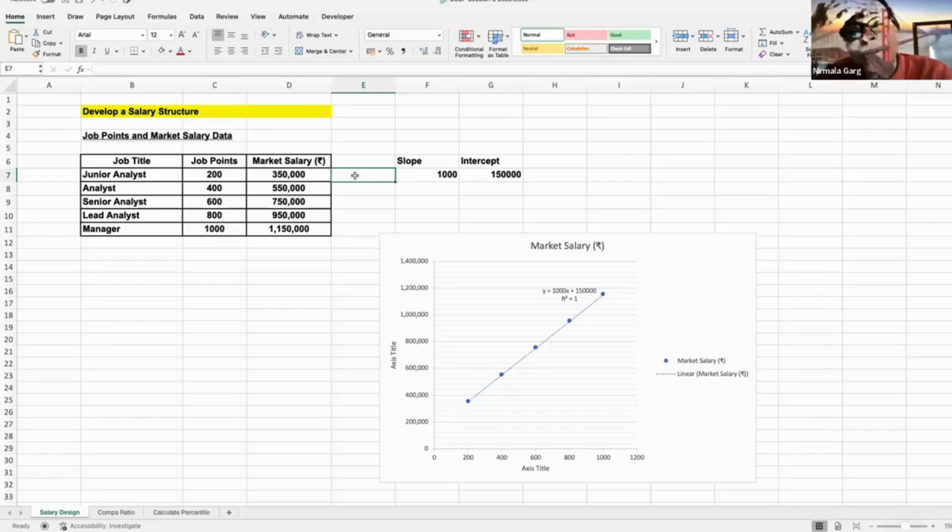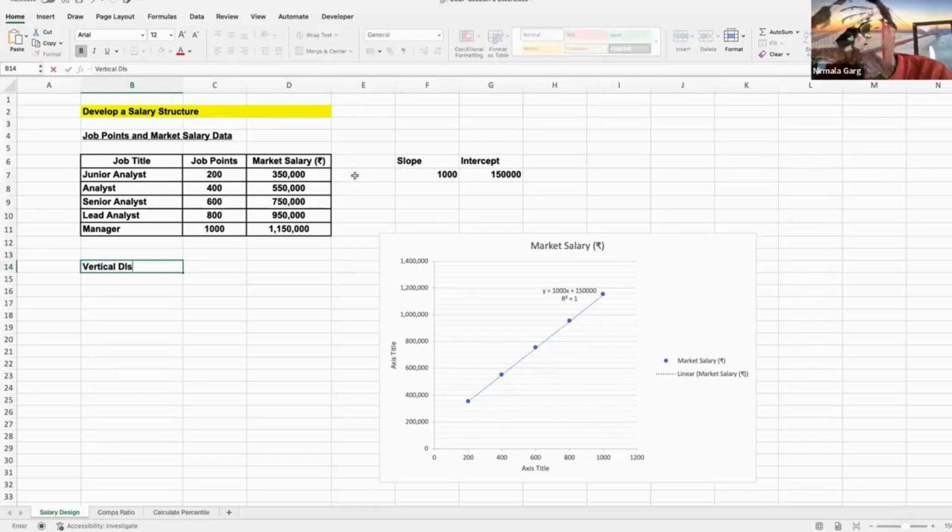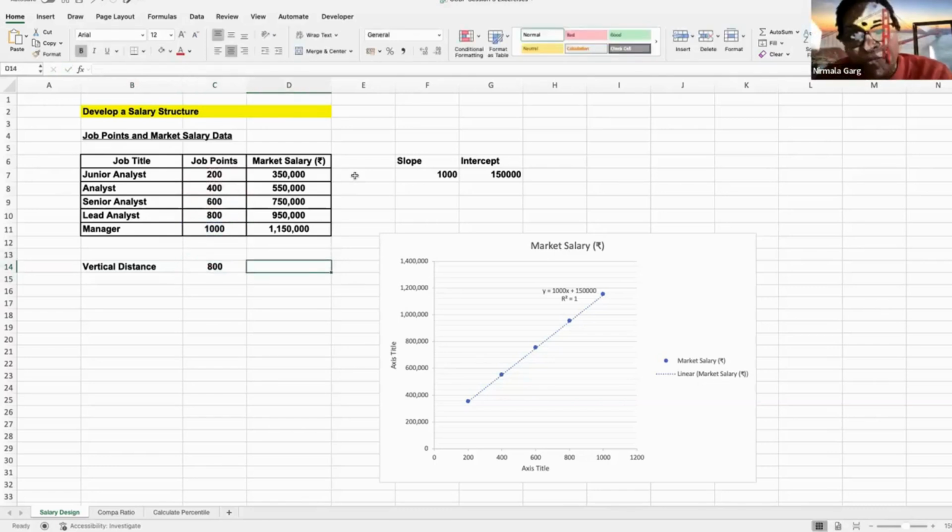So when you are making grades, you will take into account the vertical distance. At a lower level, the cutoff points will be a little lesser, and at higher grades the cutoff points will be higher. Since the jobs are very few here, junior analyst 200 and 400 points will be clubbed as one grade.